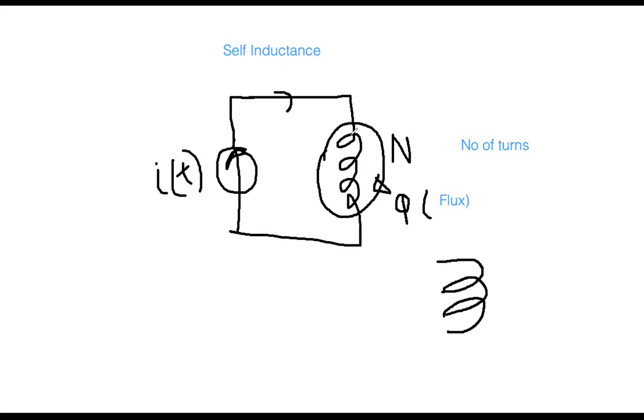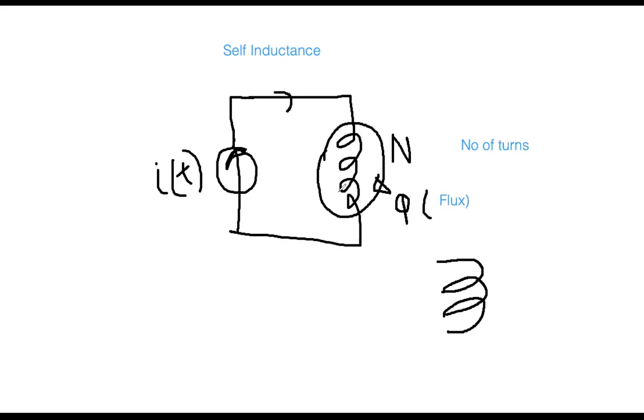I have just shown a few here, but in real practice there can be several hundred turns. If you increase the number of turns, there will be much more flux and much more voltage induced. I will come to that point later.